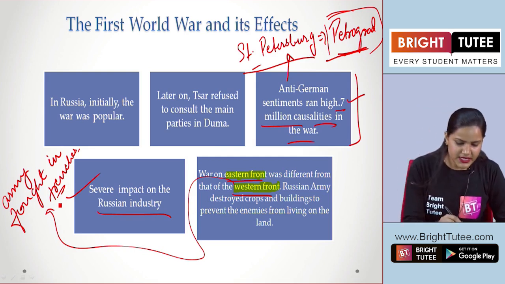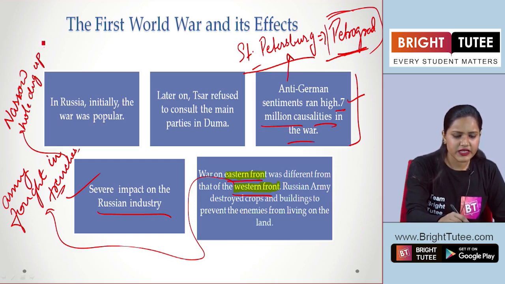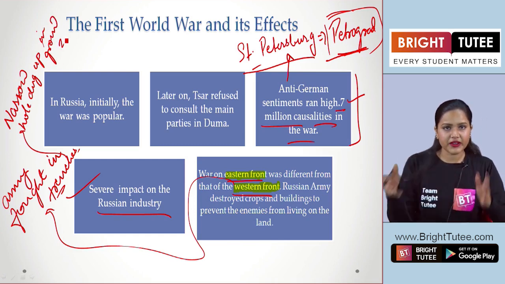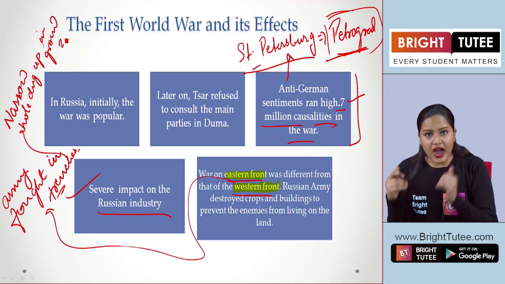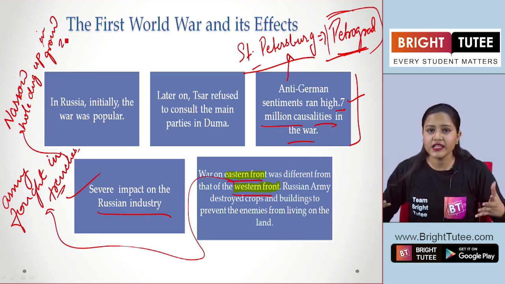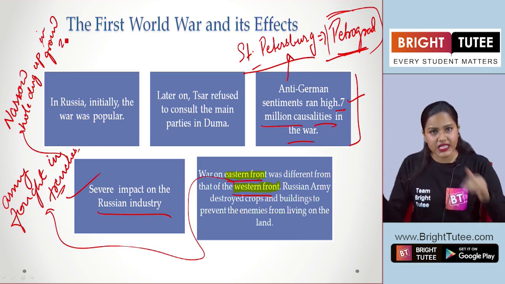Trenches means a narrow hole dug up in the ground. You must have watched it in movies, students. So there is a narrow hole dug up in the ground where these army officers station themselves, right? They try to protect themselves from any attacks and they try to attack from these trenches.